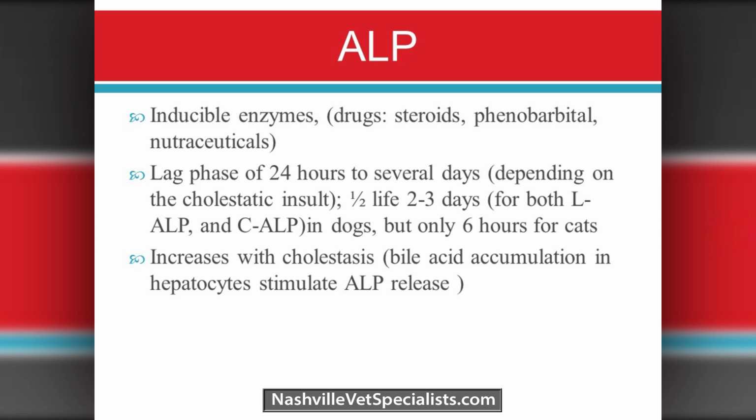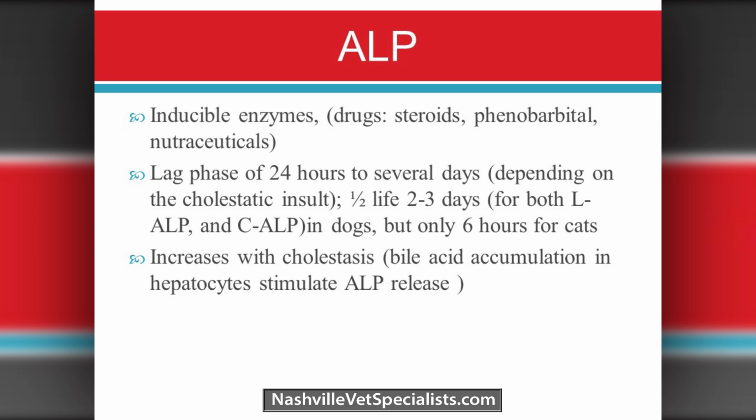The lag phase of 24 hours to several days is when they can get induced, but it really depends on the level of cholestasis. The half-life is about 2 to 3 days for both the liver ALP and the steroid-induced ALP in dogs. And it's only 6 hours in cats.